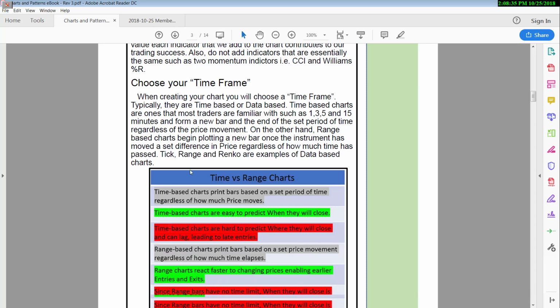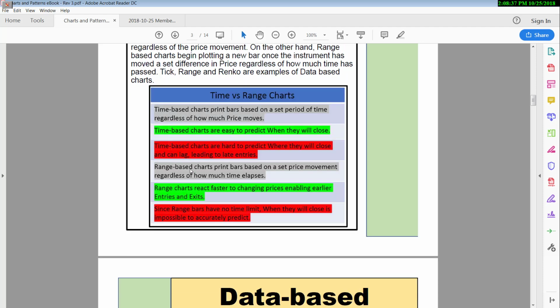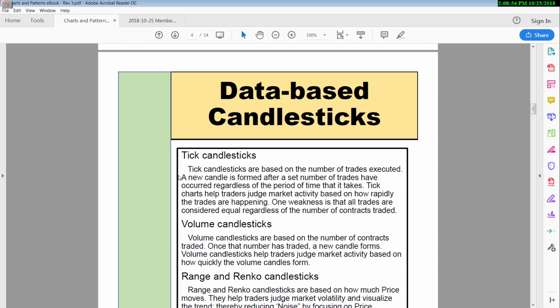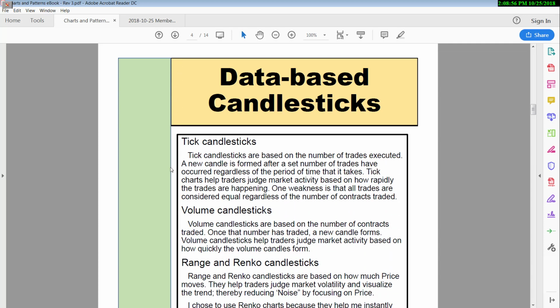And in choosing your time frames and how to do that, primarily time-based charts on day trading of stocks, and range-based charts I found best on trading stocks versus futures.